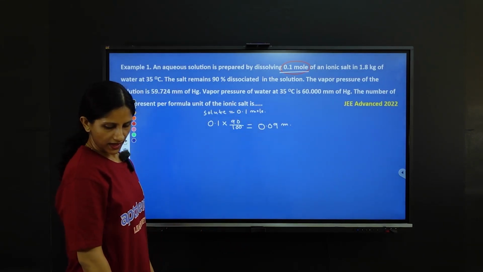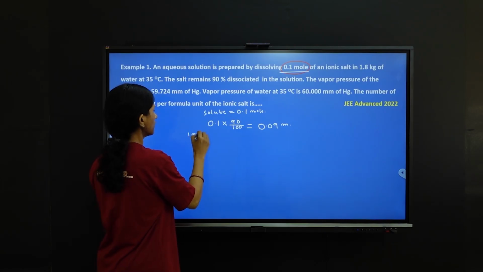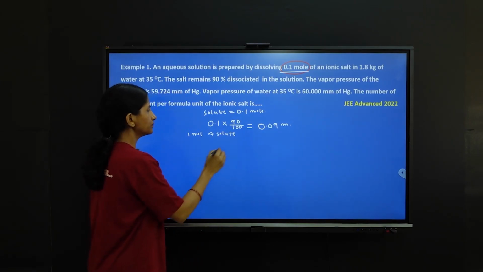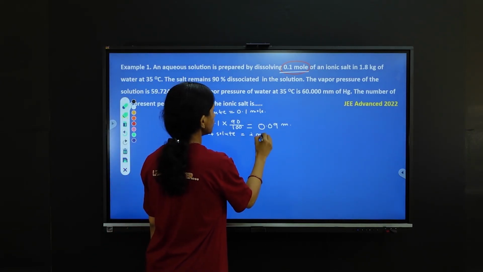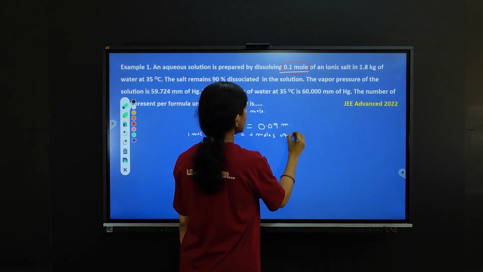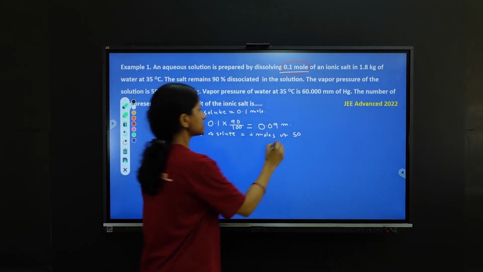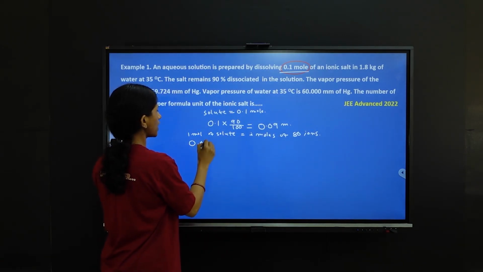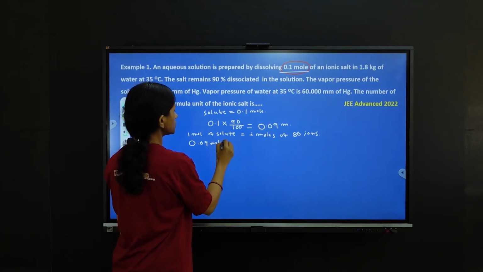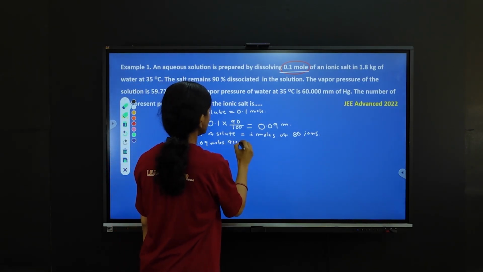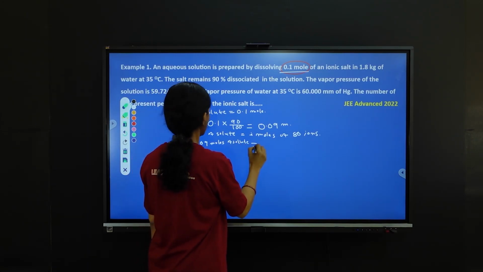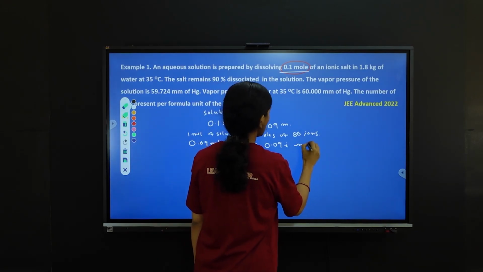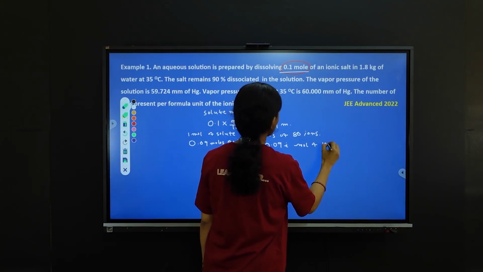Now if you consider that 1 mole of solute gives you i moles of ions, 0.09 moles of solute will give you 0.09 i mole of ions, right?